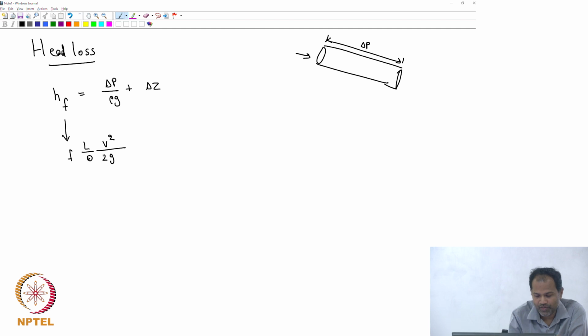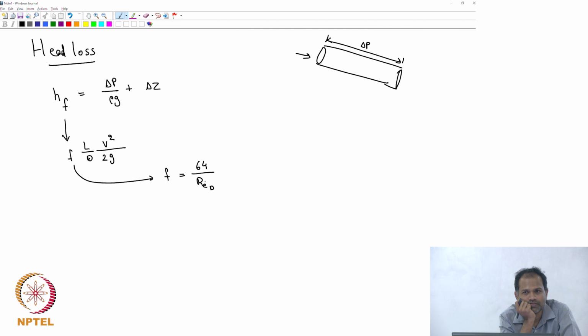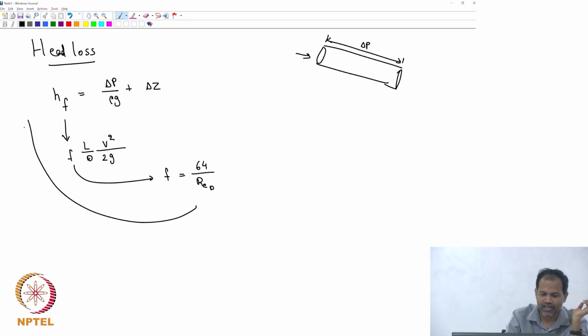And then we would have finally related our friction factor to Reynolds number. So the idea was that you specify the Reynolds number, that will tell you what the friction factor is, that will tell you what the head loss is. So this is the way our calculation should go, though we derived it the other way.